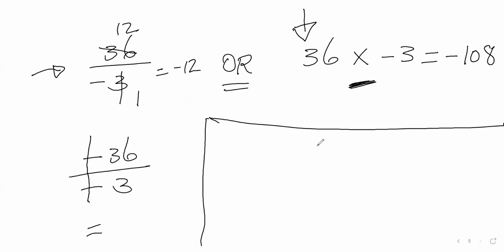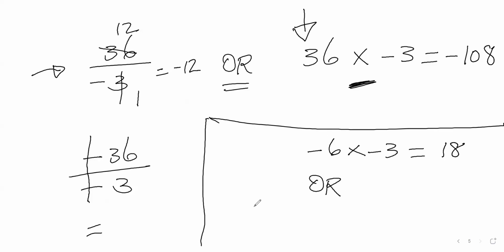If I'm multiplying -6 times -3, tell me the answer, somebody. -6 times -3. How much? Those two negative signs will cancel. So my answer is 18.